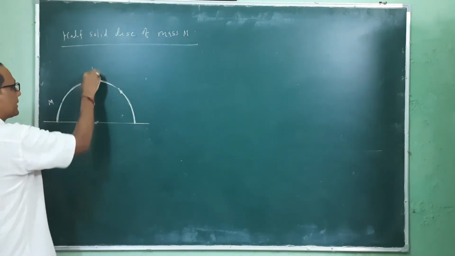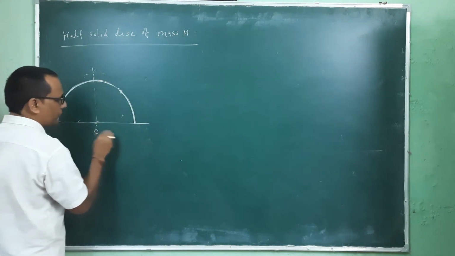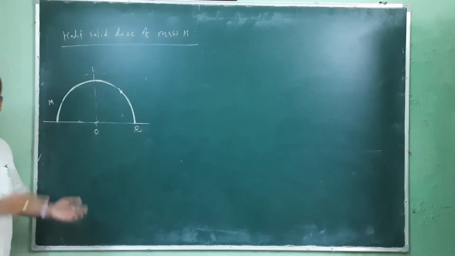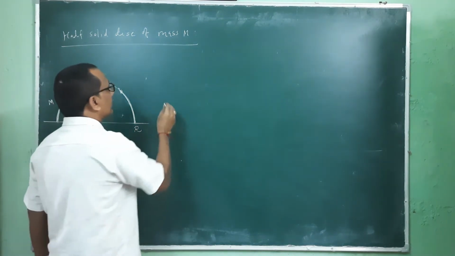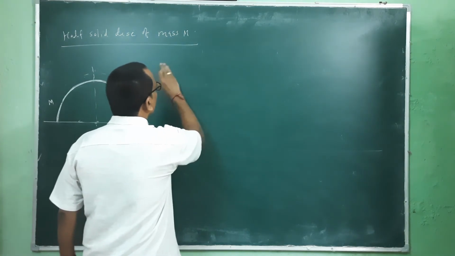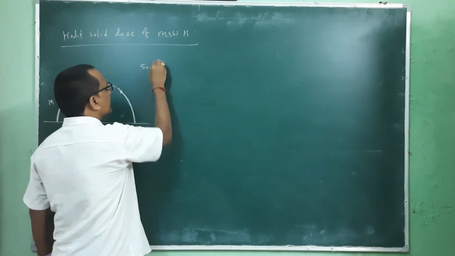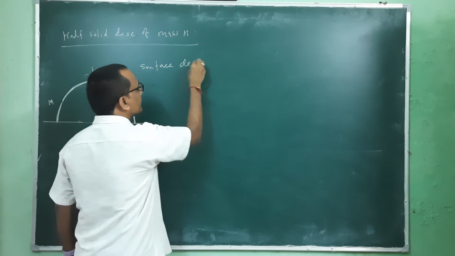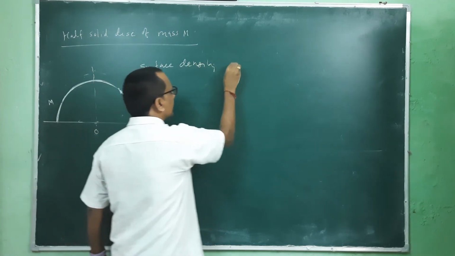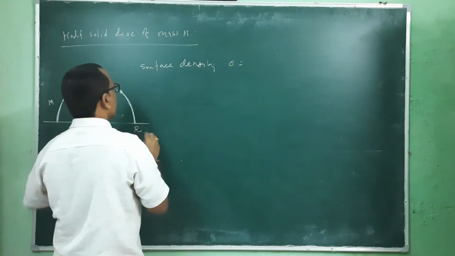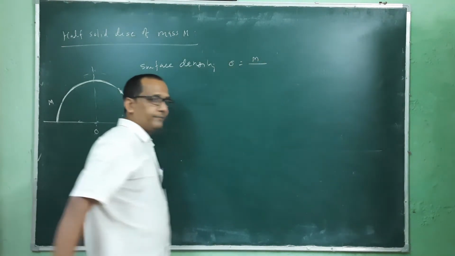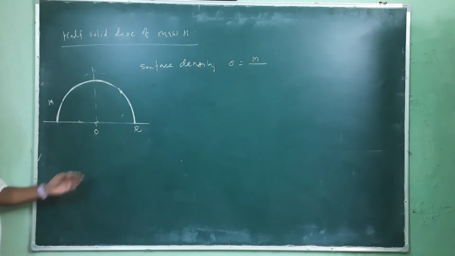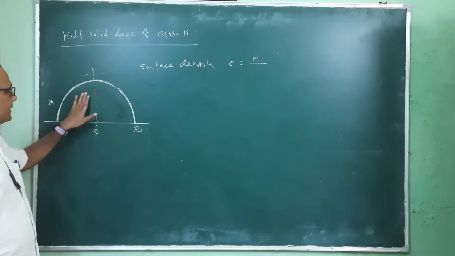So obviously we will take the same system, starting from 0, and the radius is r. The density will be surface density. We will consider surface density, that is sigma. It is equivalent to mass m by area.